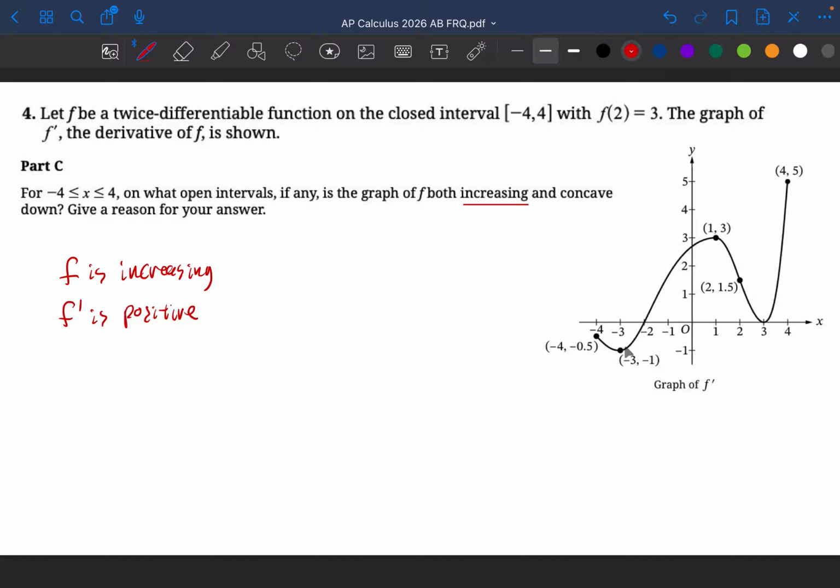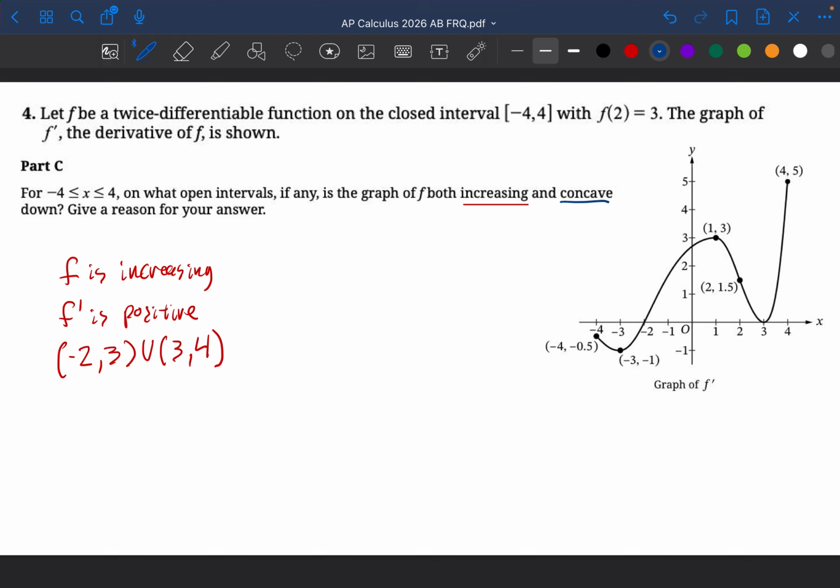So looking on this entire graph, we want to know where is f prime positive. Well, it's positive from -2 to 3, and then from 3 to 4. So the open interval -2 to 3, and then the open interval from 3 to 4.